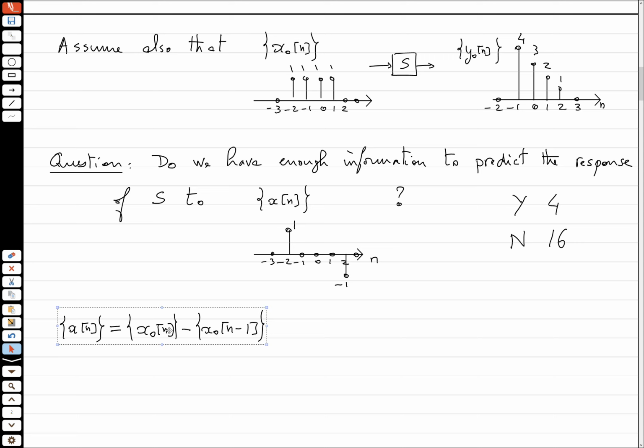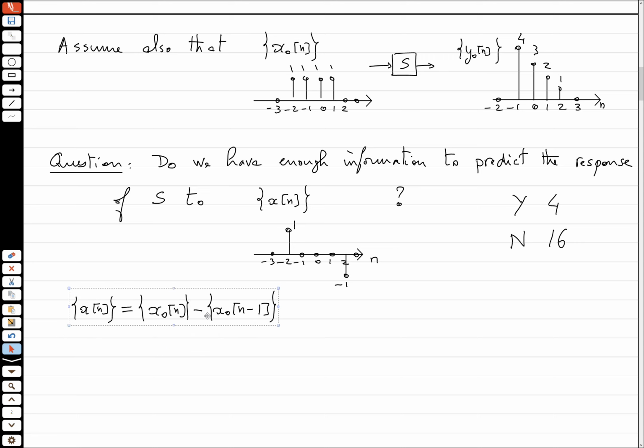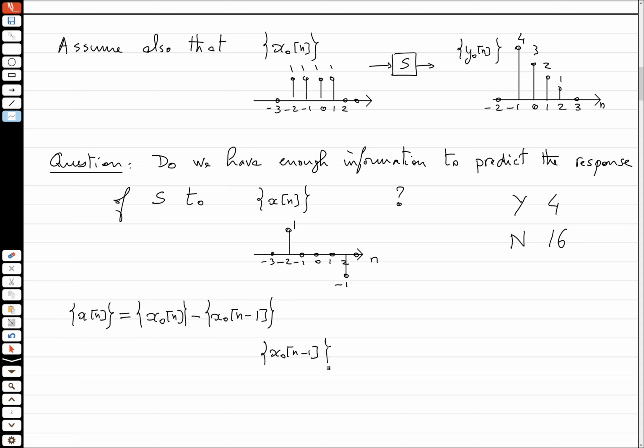So first, you notice this. Next, suppose I input x naught of n minus 1 alone. Can I tell what we are going to get? You can't?